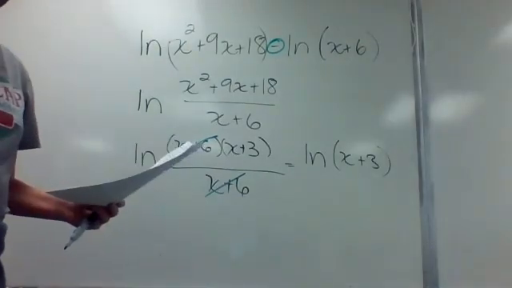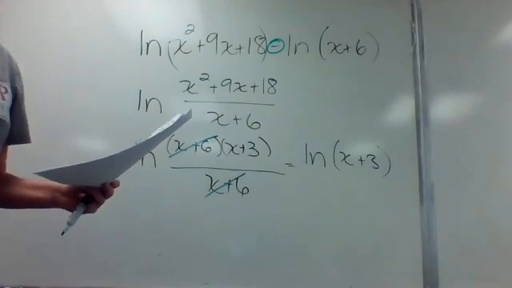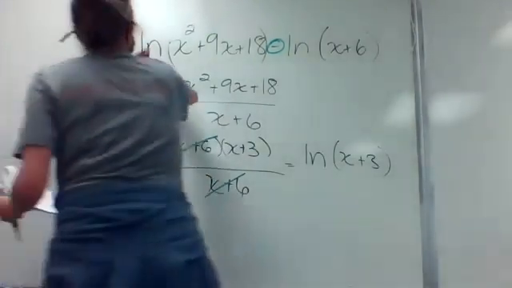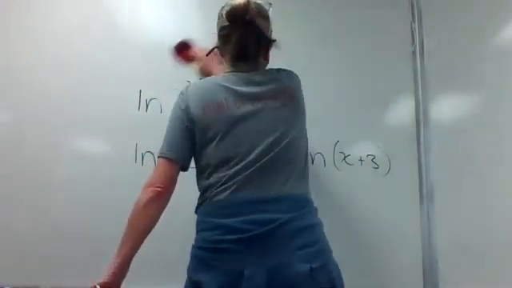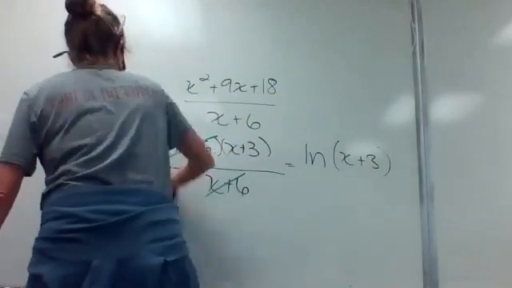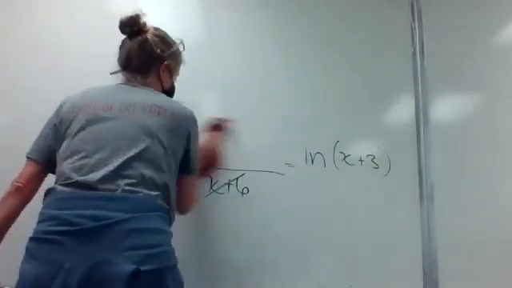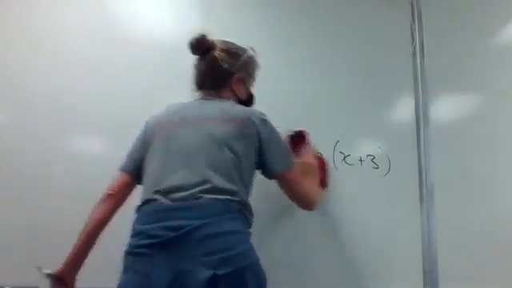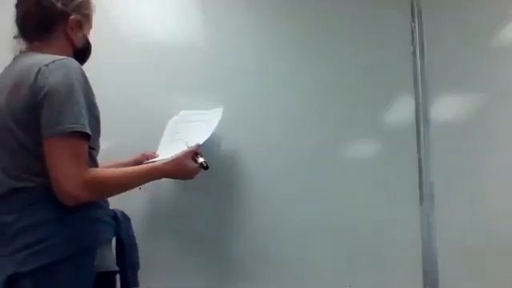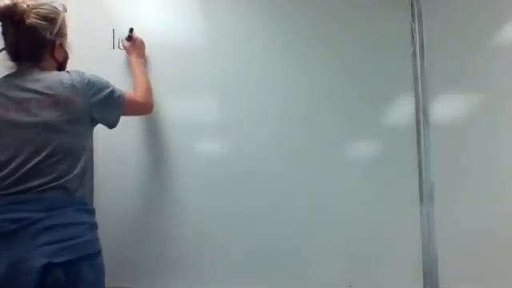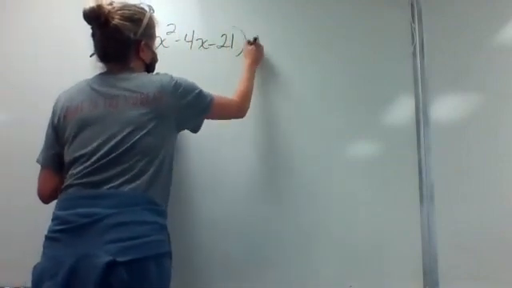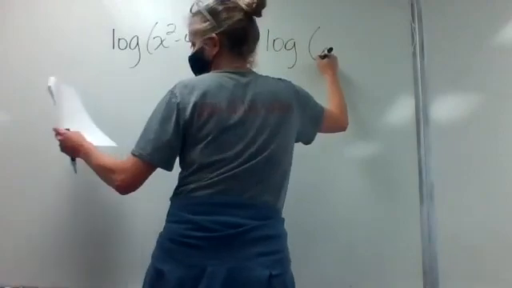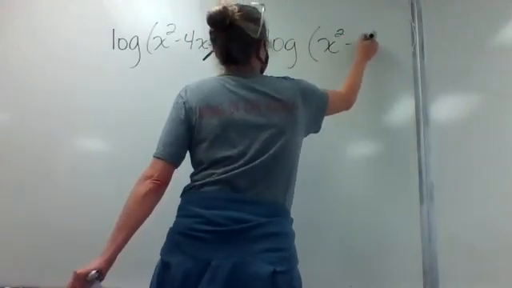All right, last one. Log of x squared minus 4x minus 21 minus log x squared minus 9.